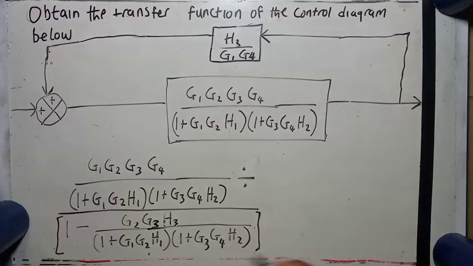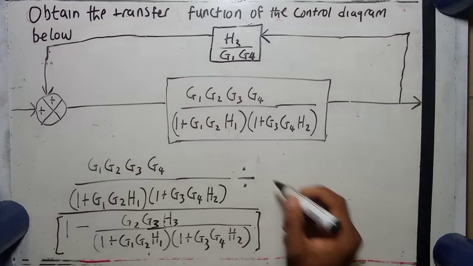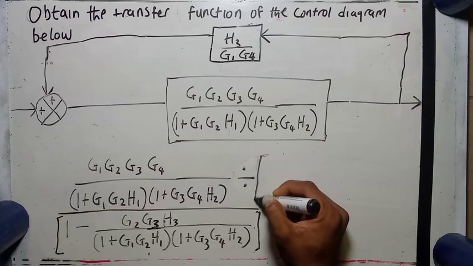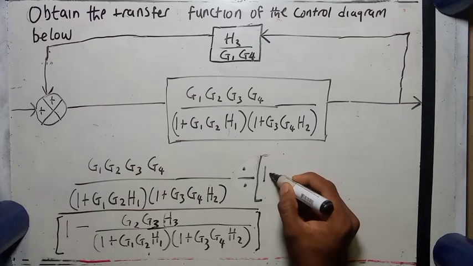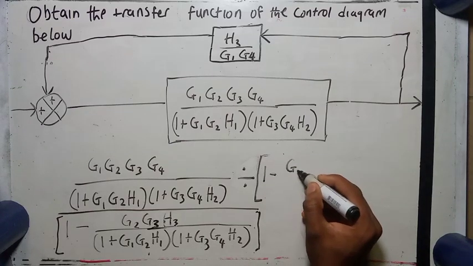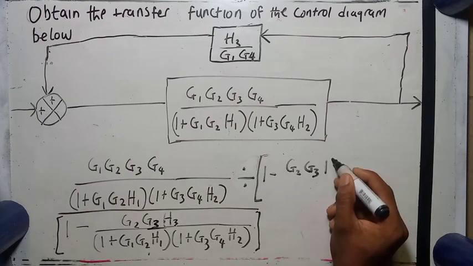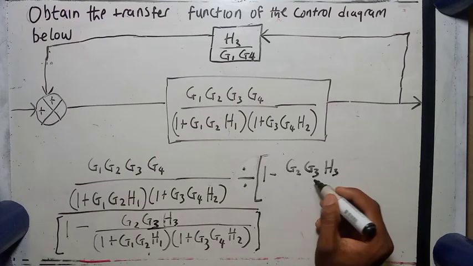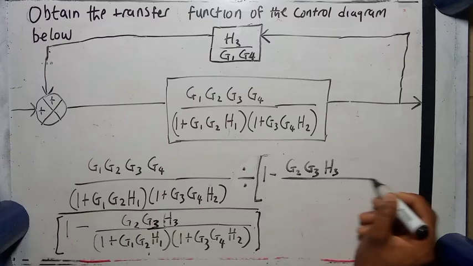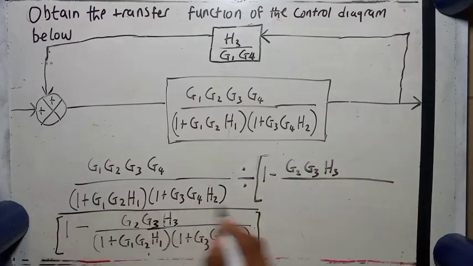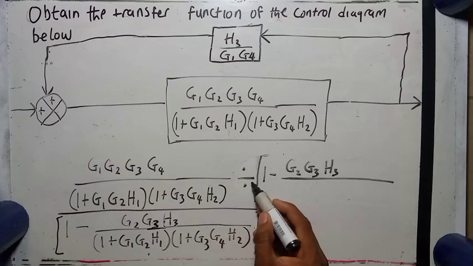Okay, so I'll go with dividing the whole of this by 1 minus G2 G3 H3, all over 1 plus G1 G2 H1 times 1 plus G3 G4 H2. I'm just bringing this guy over here, replacing this division sign here with this.